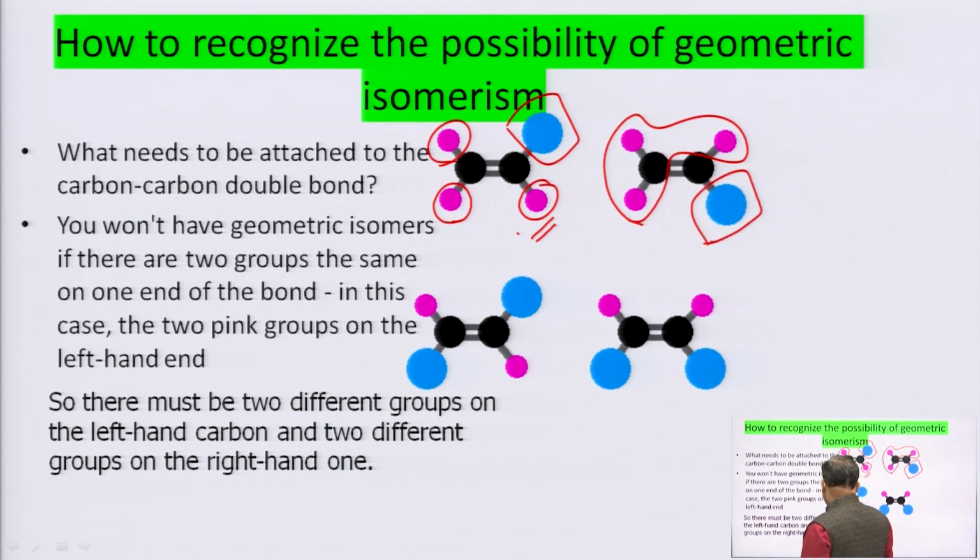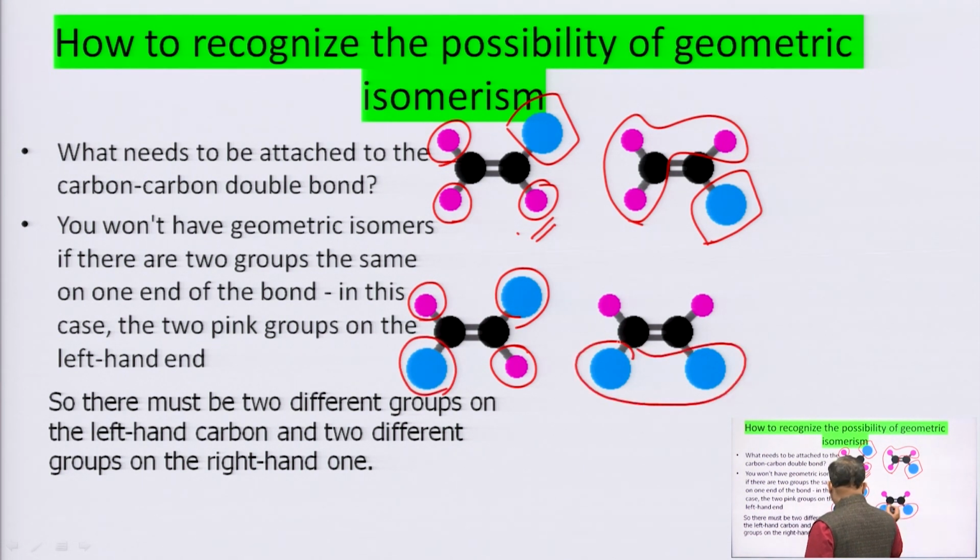In the latter case, 2 substituents are similar and 2 substituents are different. So, the next condition that is required, apart from the presence of a double bond, is that there must be 2 different groups on the left hand carbon and 2 different groups on the right hand one.